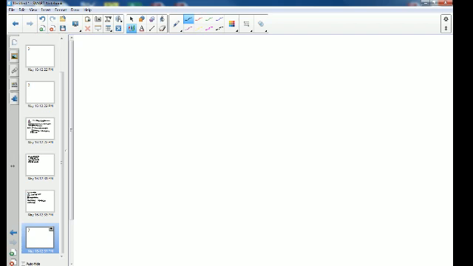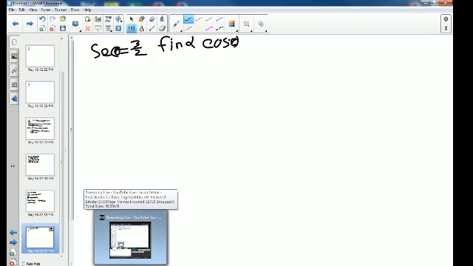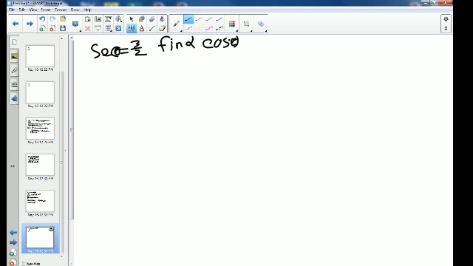This is going to be secant theta equals 3/2. And we need to find cosine. With the reciprocal identity, you're going to use the reciprocal identity for cosine.